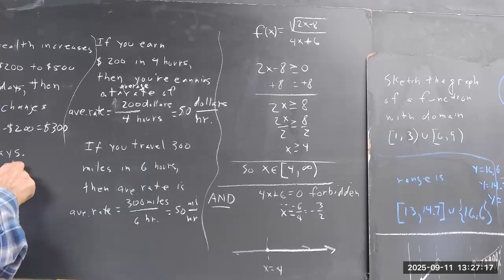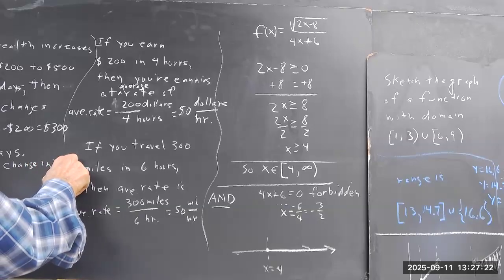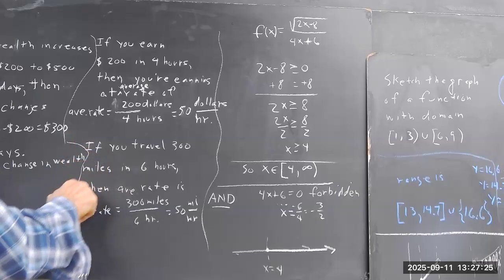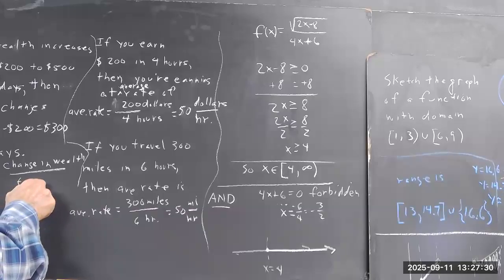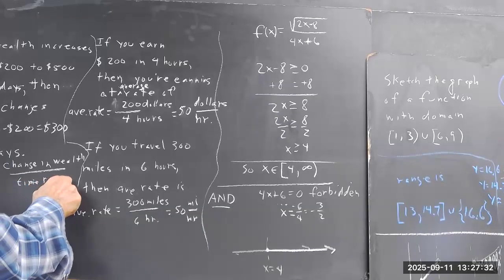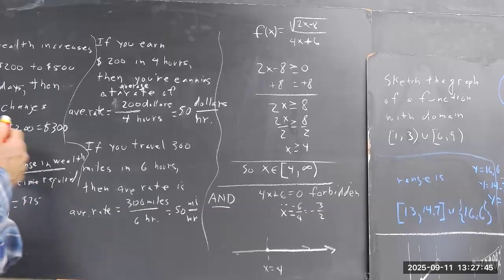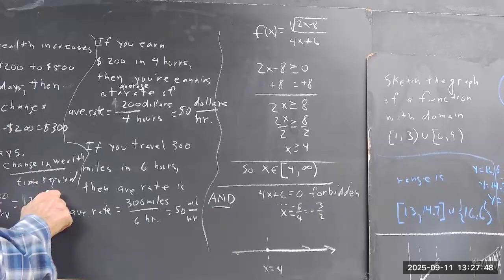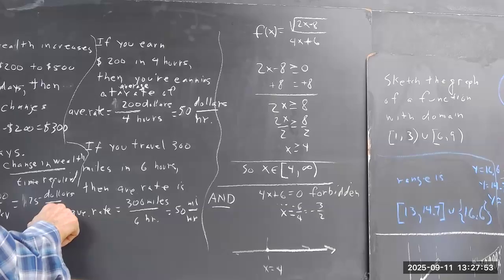equals change in my wealth over the time required. Which is $300 over 4 days equals 75 dollars per day.